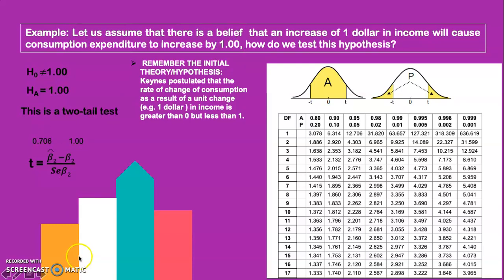Because our t-test value falls within the acceptance region, we're going to conclude that an increase of $1 in income will not cause consumption expenditure to increase by 1.